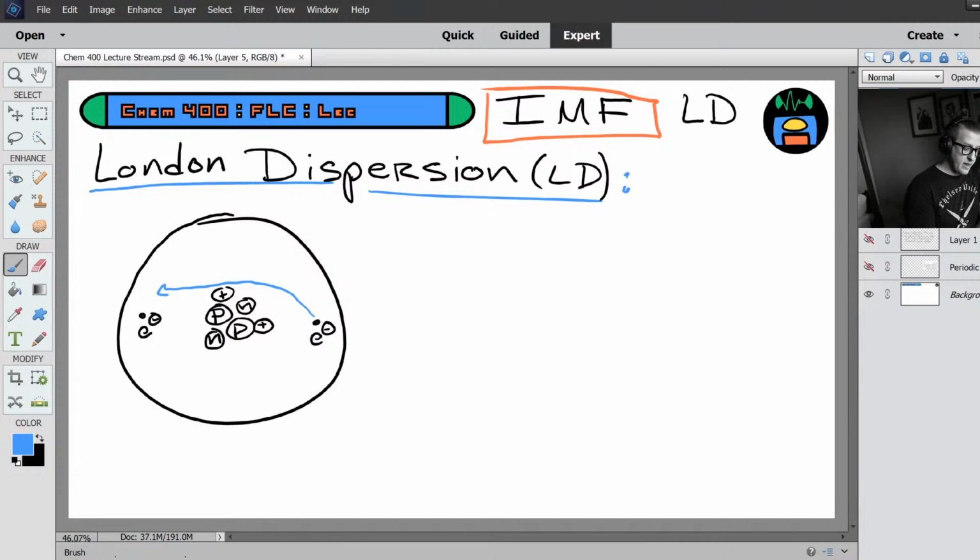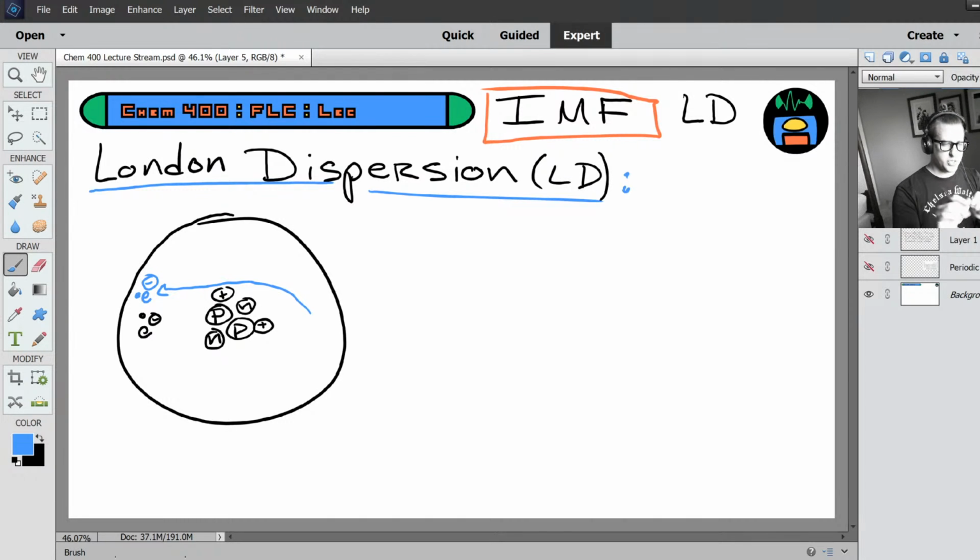And when it moves, the repulsion of that blue electron that I showed moving over to this side is going to force that black electron to move away from it, because they're both negatively charged and those charges repel each other. That will happen.